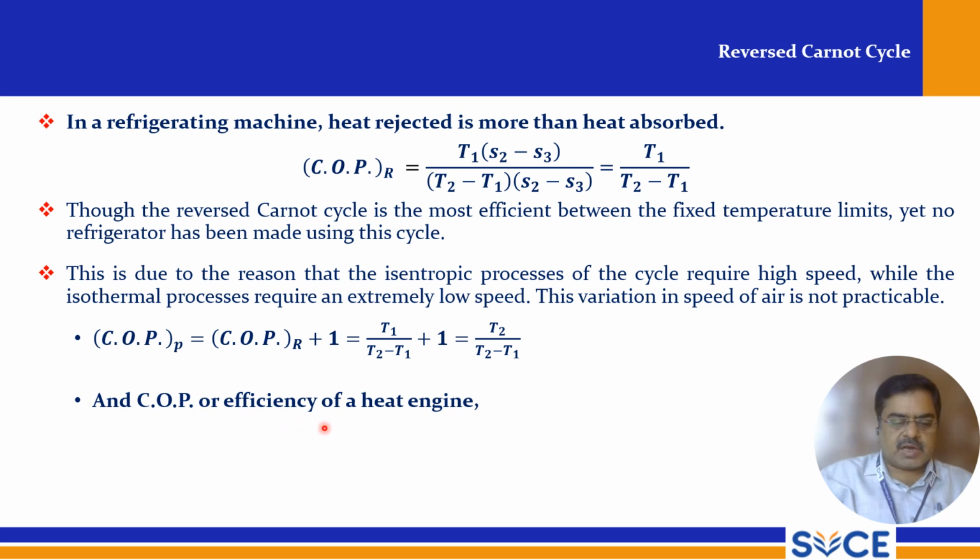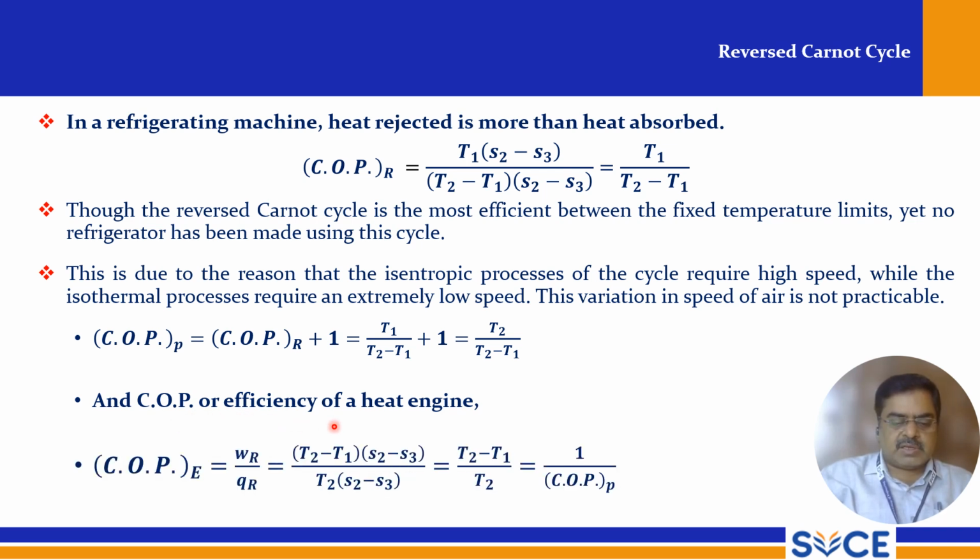And we can have the COP or efficiency for a heat engine as well. For a heat engine, it is WR by QR, equal to (T2 minus T1)(S2 minus S3) divided by T2 into (S2 minus S3), that is equal to (T2 minus T1) divided by T2, that is equal to 1 by COP of pump.